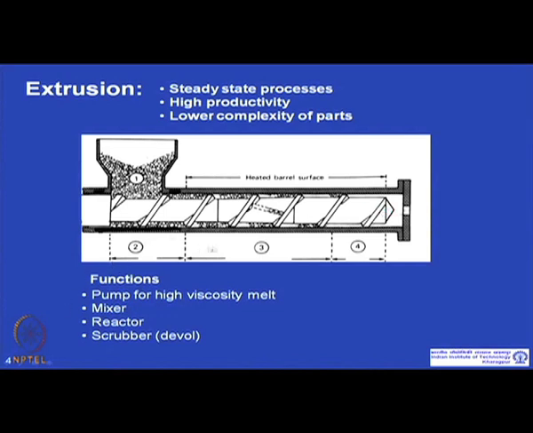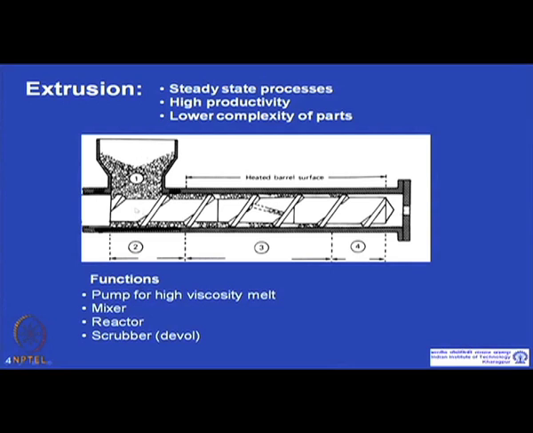It has different zones having different temperatures. If you go from left hand side to right hand side, the temperature generally increases and becomes steady somewhere in this region, and there is a die by which the molten polymer is extruded out and cooled, whether air cooled or cooled in water medium. It could be cooled in both ways.